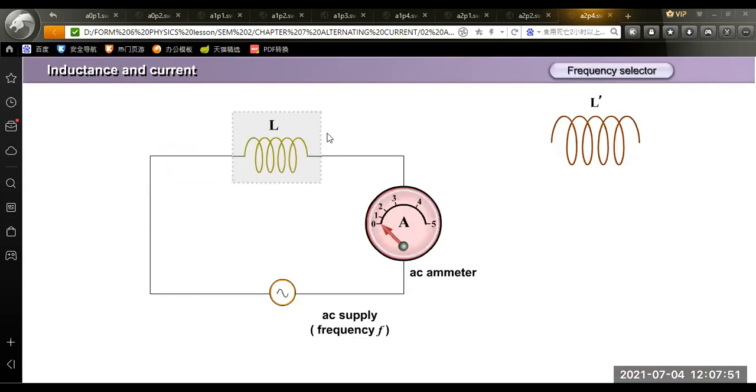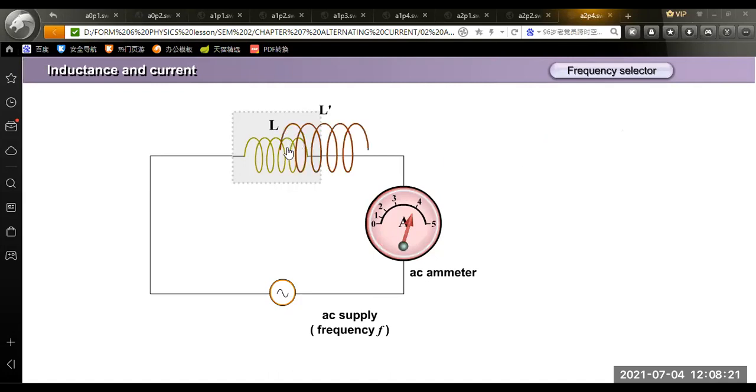Any question? When the alternating current flows through an inductor with inductance L, let's say the current flow is 4 ampere.